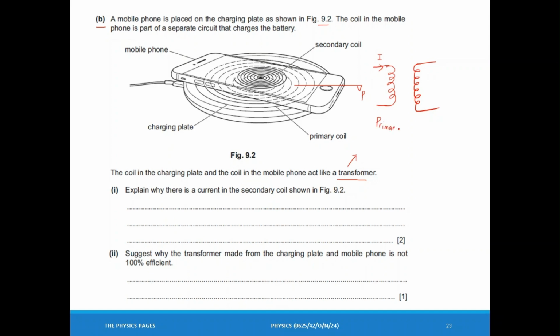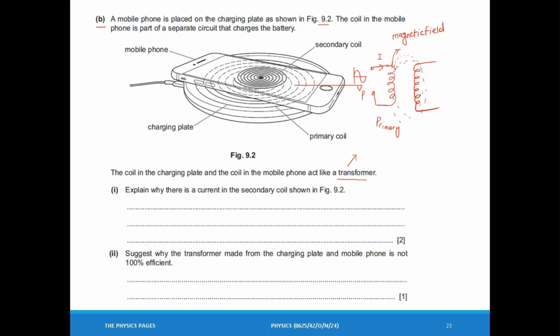For example, this primary voltage is an AC voltage like this that keeps on changing. So this changing input current produces, or you can say induces, a magnetic field. Because the current is changing, this magnetic field is also changing. Let's say this one is the magnetic field produced due to the changing current.